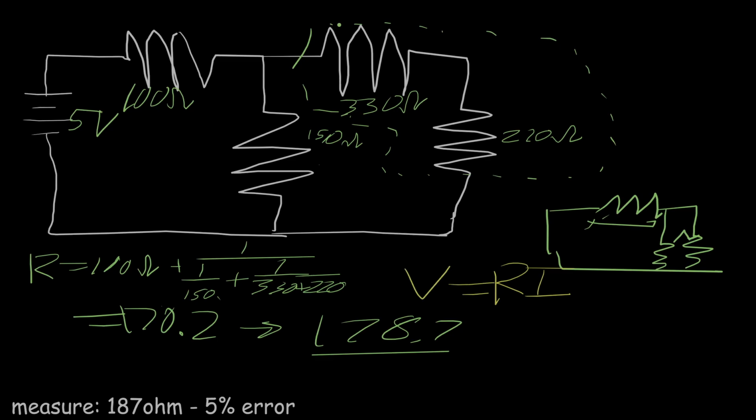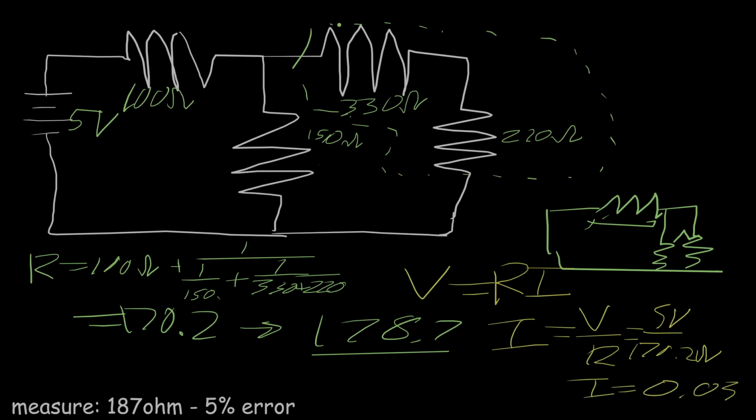And to find the current, you just divide both sides by resistance. So that's V over R, which is going to be 5 volts over 170.2 ohms, which gets us a current of 0.03 amps as our final result.